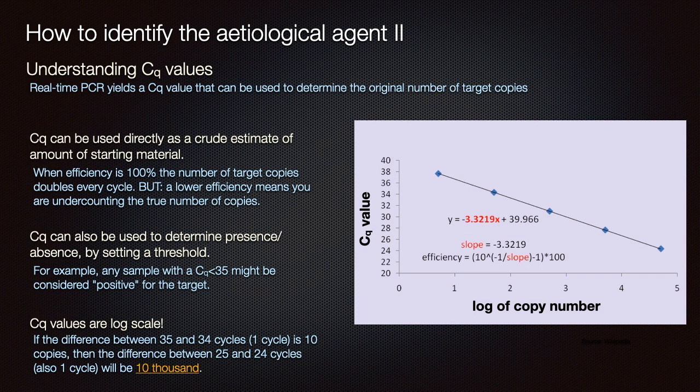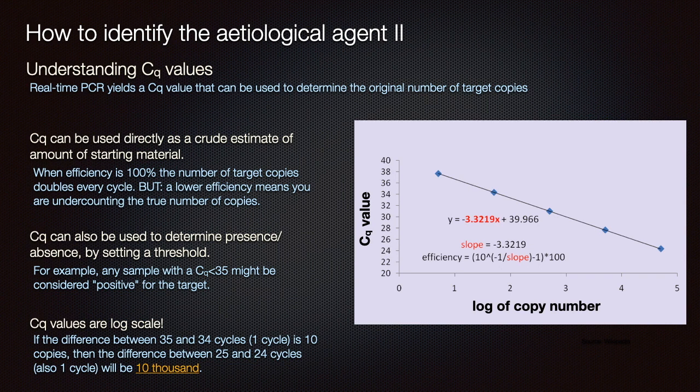We test the efficiency of a set of primers using a serial dilution of a known number of target copies. This is also called a standard curve, although it is not actually a curve, but a line. When you plot the log of the copy number, which we know in our standard, against the CQ value that's detected in your real-time PCR reactions, you can calculate a best linear fit and determine the primer efficiency.